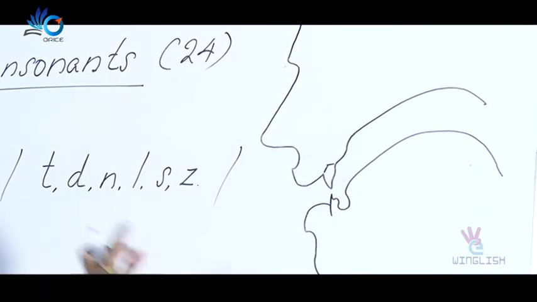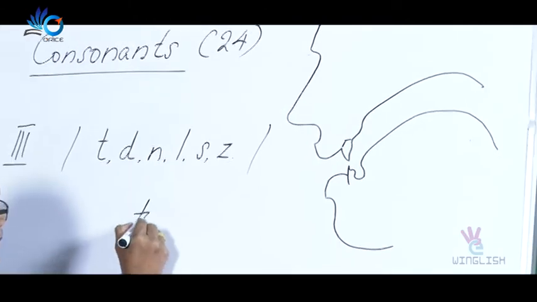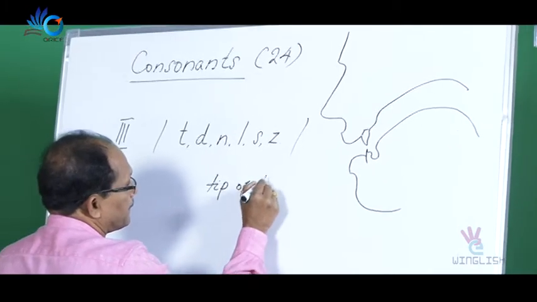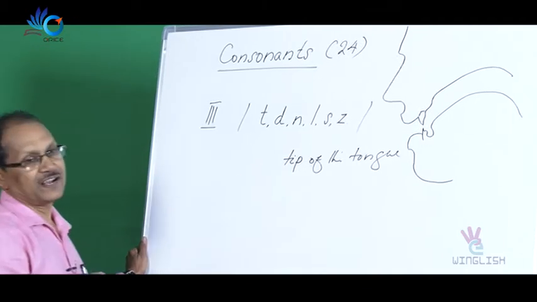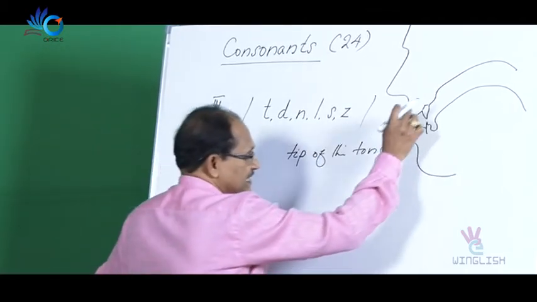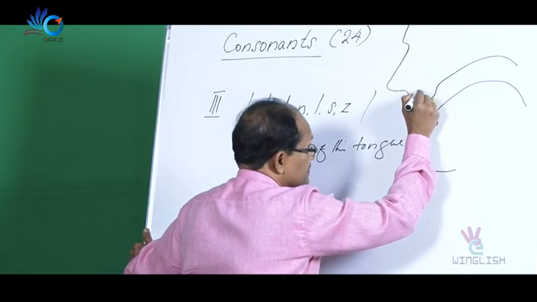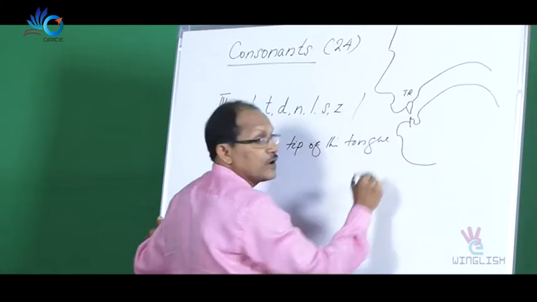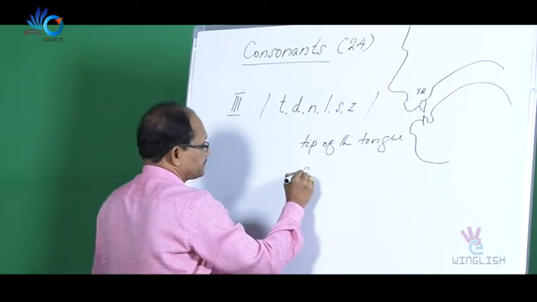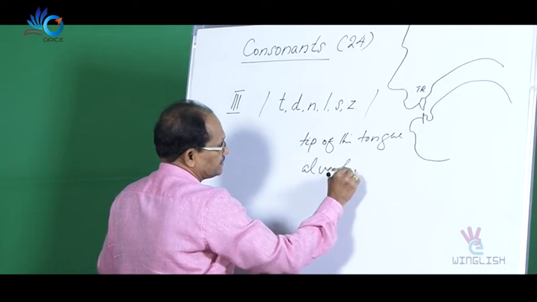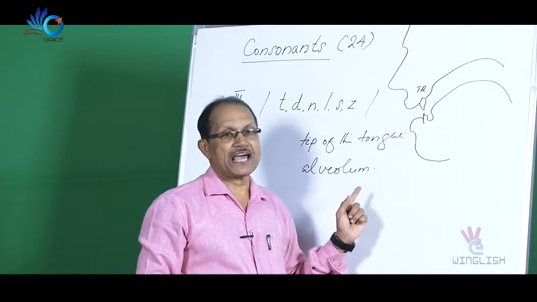First note down the articulators, that is tip of the tongue, and this part, this is called the teeth ridge or alveolum.